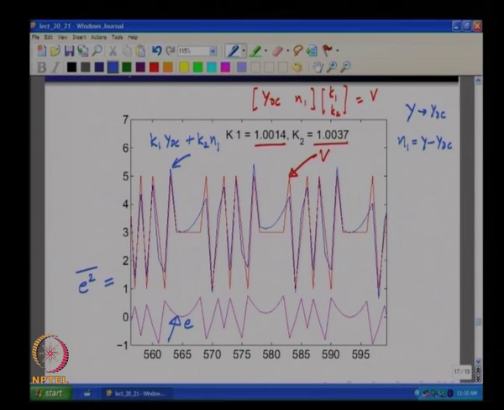I mean, if the quantizer is not overloaded, how can you relate the output of the quantizer to the input? Pardon? Input plus some noise. Input plus what noise? Quantization noise. So what is the mean square value of that quantization noise? Delta square by 12. So what do you expect the mean square value of this noise to be?